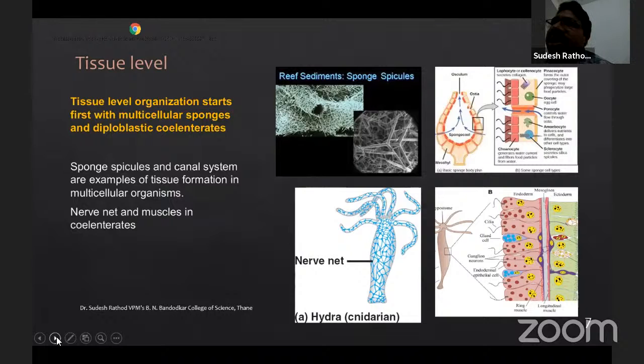If I talk about the digestive system of Hydra, then this kind of cell is only functioning for digestive purpose. So all cells which are specialized will unite together to form a tissue, just like the Hydra nerve net. Okay, next slide.